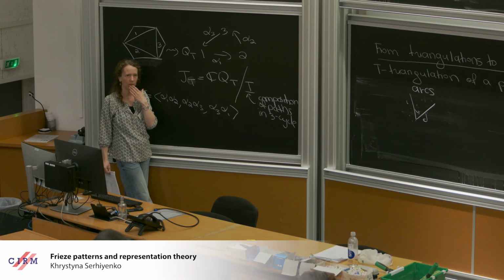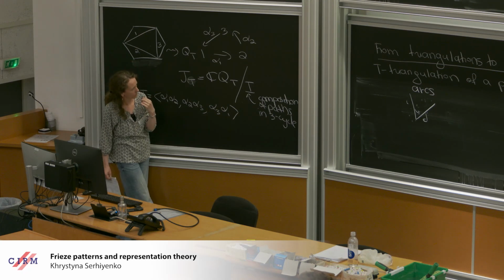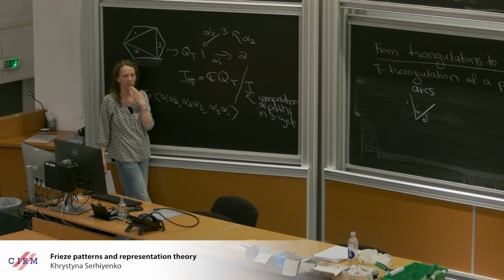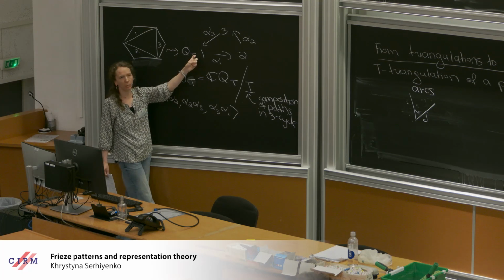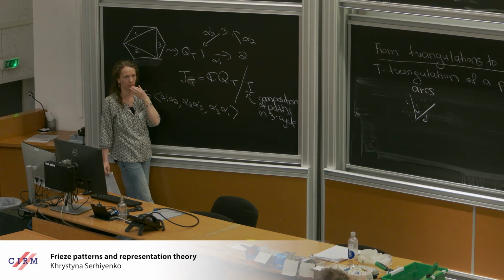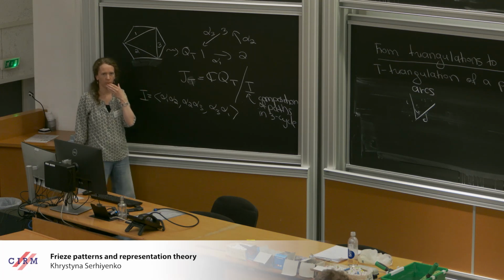A way of saying it is you have 2 composable arrows in the same triangle. Yes. So the composition of any 2 arrows in the 3-cycle becomes 0 in the quotient. That's what that means. Maybe you want to write composition of arrows.